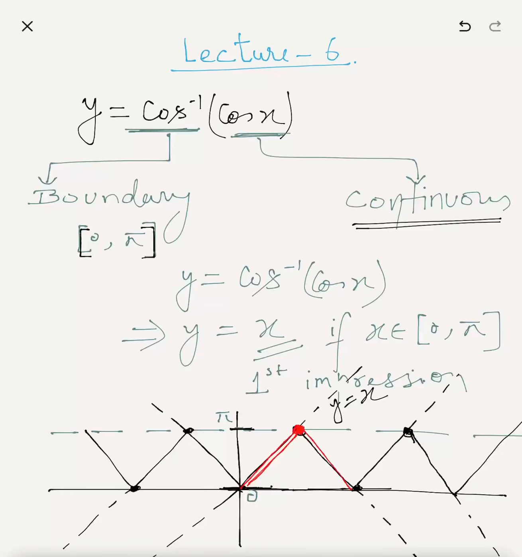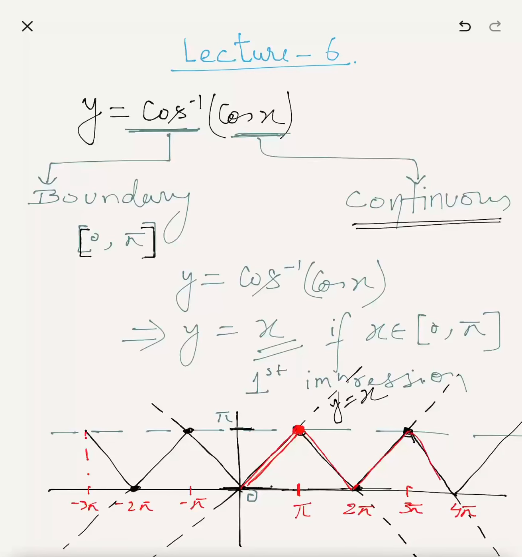Here on the x-axis you will have pi, here 2 pi, here 3 pi, here 4 pi, here minus pi, minus 2 pi, minus 3 pi. And this is your final graph.